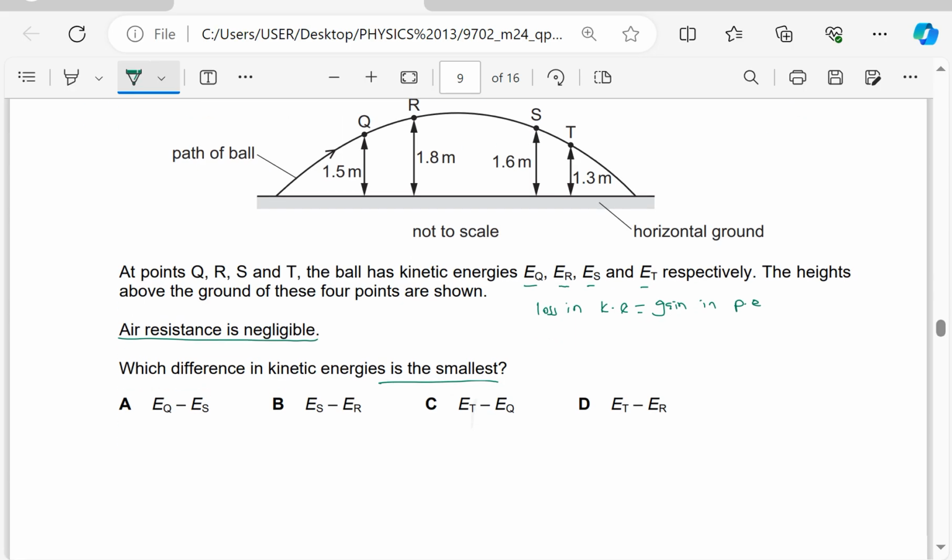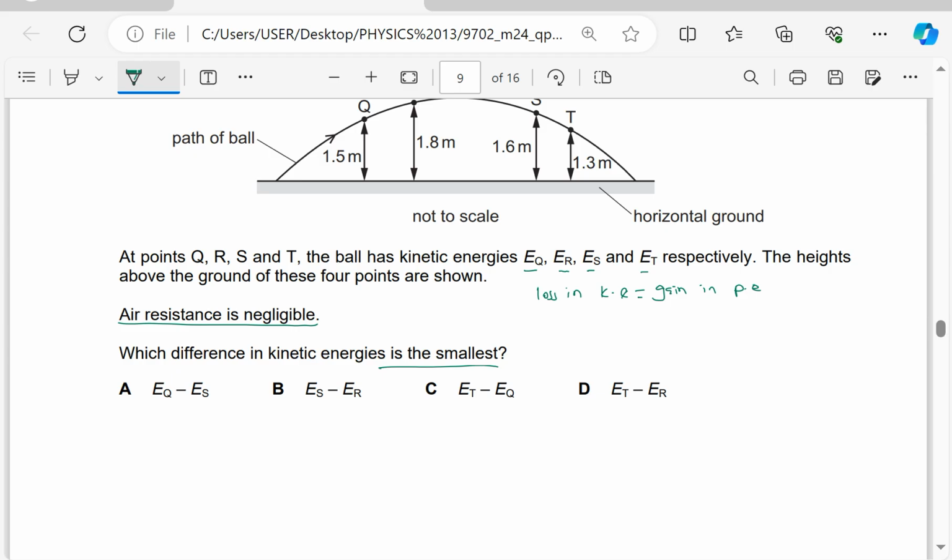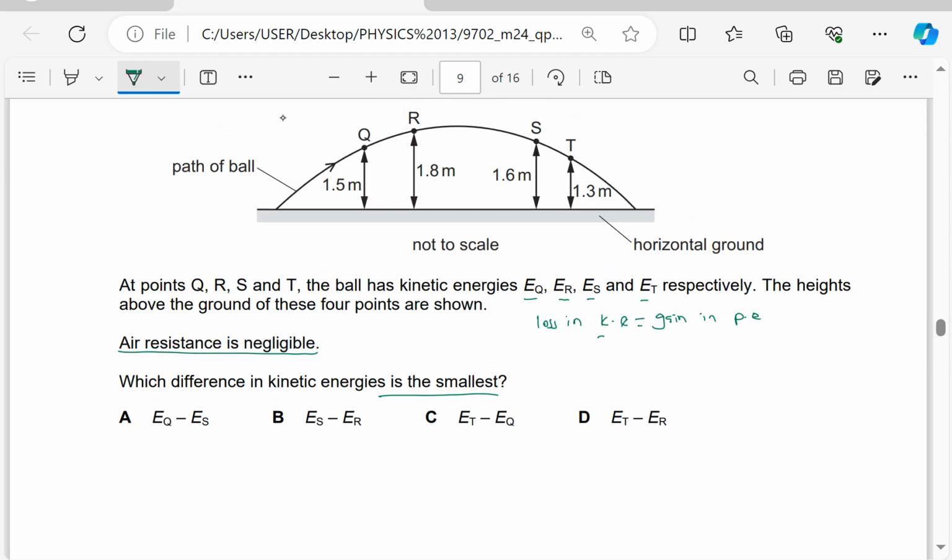So the first one is saying EQ minus ES. EQ minus ES is just going to be the gain in potential energy, which is mg times change in H. I will start with the highest, which is S. Of course, it is just going to be a negative.